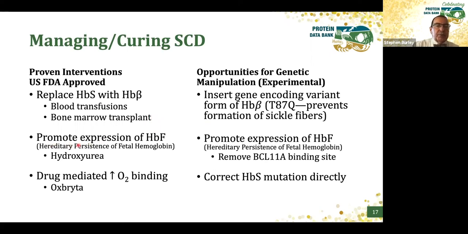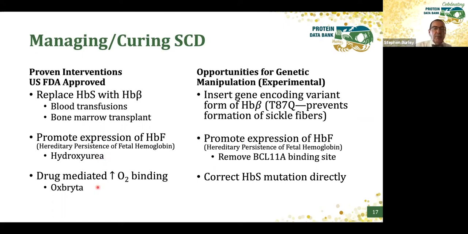Another option is to promote expression of hemoglobin F. It was found empirically that if you treat individuals with a mild chemotherapy agent known as hydroxyurea, you can boost fetal hemoglobin production. But that carries with it various side effects and fairly quickly fell out of favor.